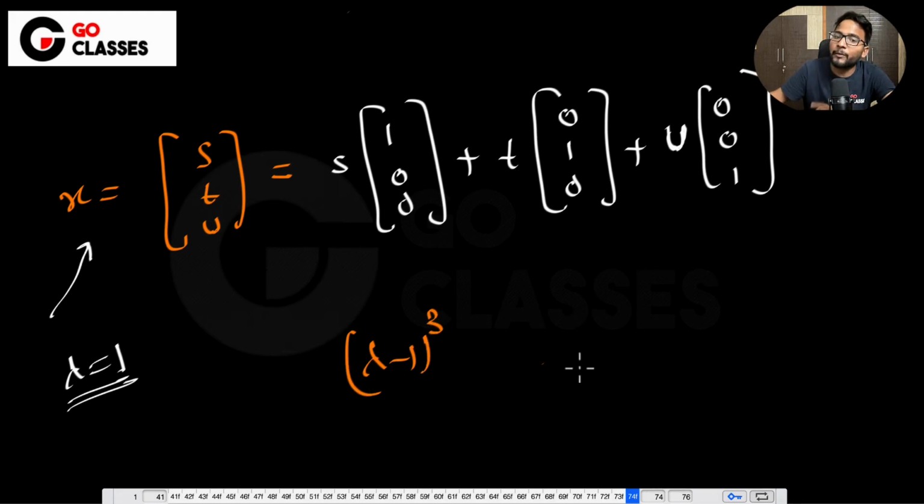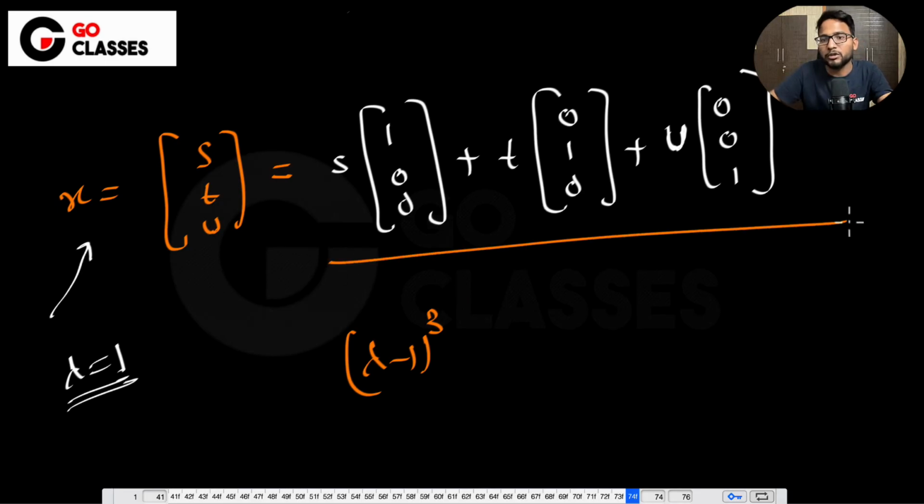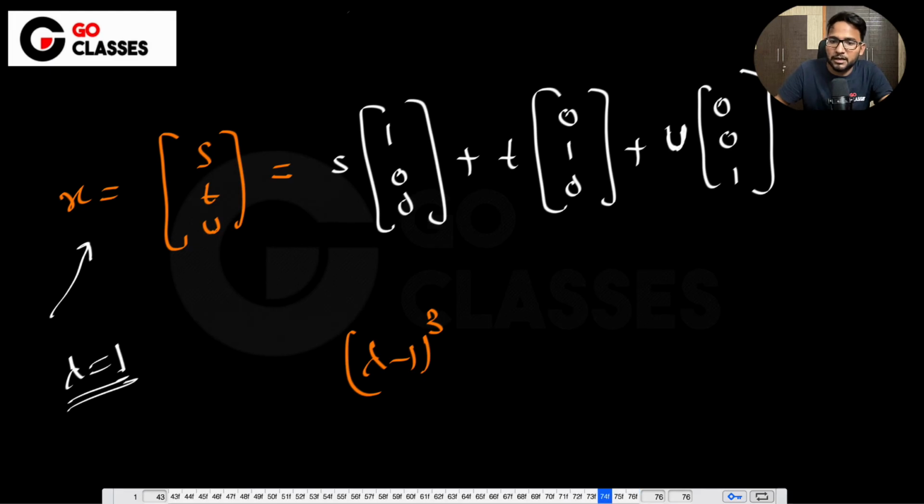I told you that at max you can get 3, but this is such an example where you are getting exactly 3. That's fine. It is understood that I cannot get more than 3, but at most I can get 3, which is what is shown in this particular example. So this is one example where lambda is repeating 3 times and I am getting 3 linearly independent eigenvectors.